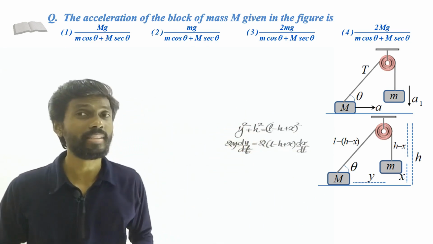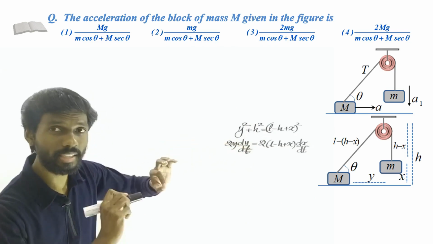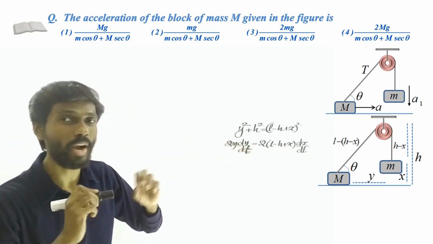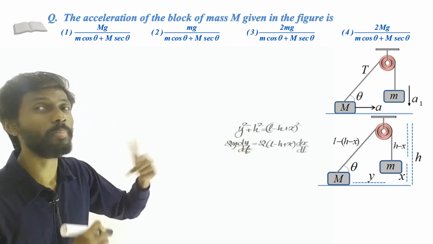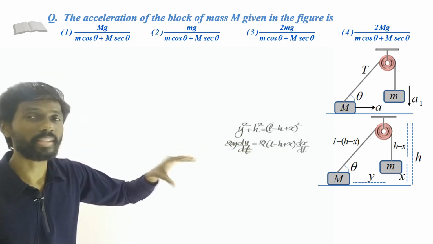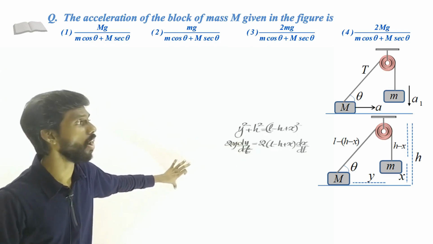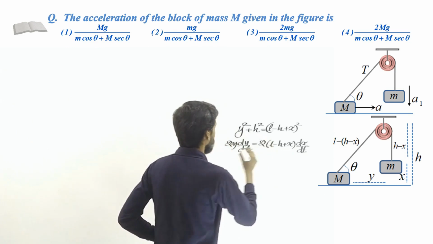So that is the velocity of the block of mass capital M, because as this M moves in the horizontal direction, y decreases, which means the rate of change of this y is in the opposite direction. The y decreases, not increases. So y decreases, the velocity increases. That means dy by dt is the negative of the velocity of the block capital M, right? Yes, that means this 2 can be cancelled.